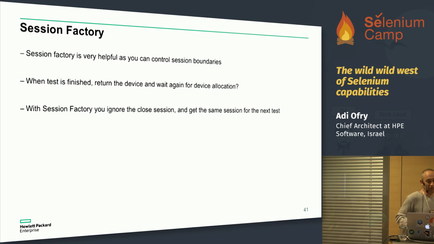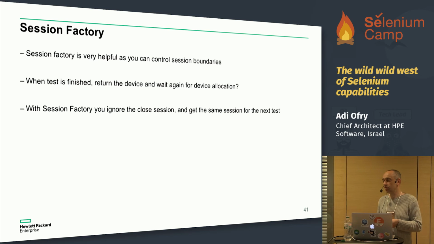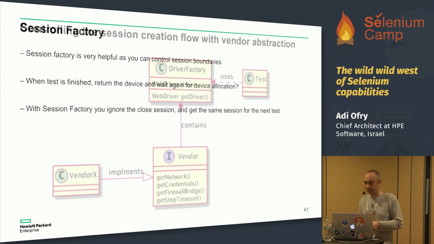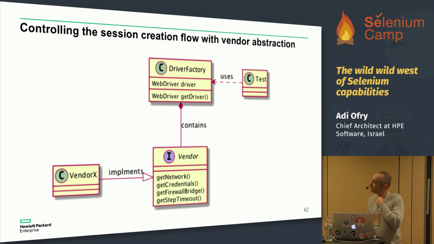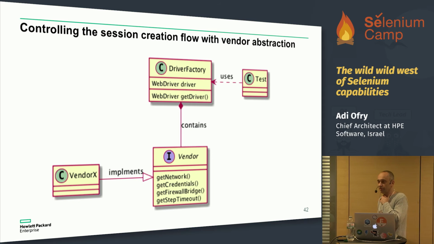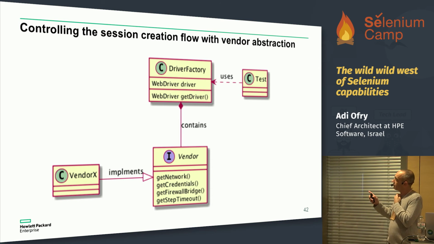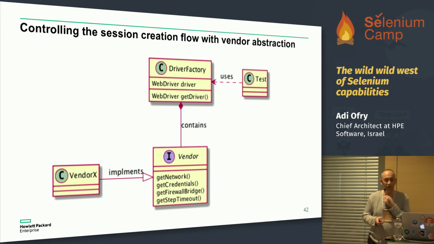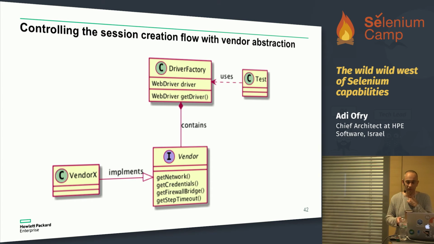So when a test is finished, it returns to the pool, and the session factory can give it to another test. So here's the design for avoiding vendor lock-in. We have the test on the right, connecting to a driver factory or a session factory, whatever you choose to call it.